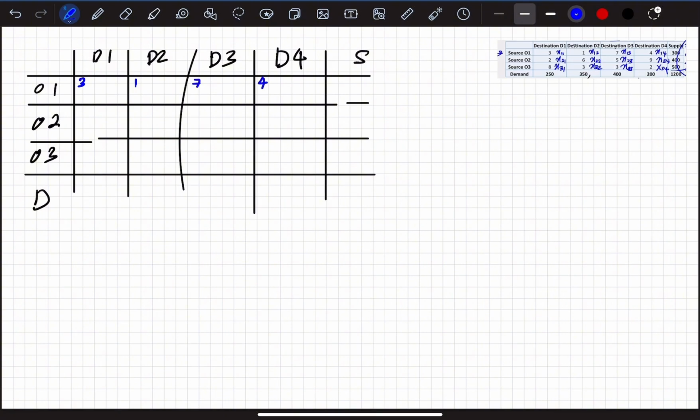Just copy paste everything: 6, 5, 9, 8, 3, 3, 2. This is 300, 400, and 500, the supply, and also the demand is this value.